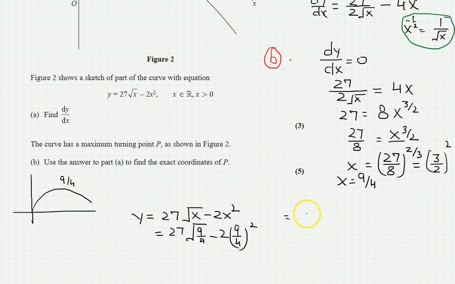So this will be 27 multiplied by 3 over 2 minus 2 multiplied by 81 over 16. So this one is 81 over 2 minus, this one is 81 over 8.